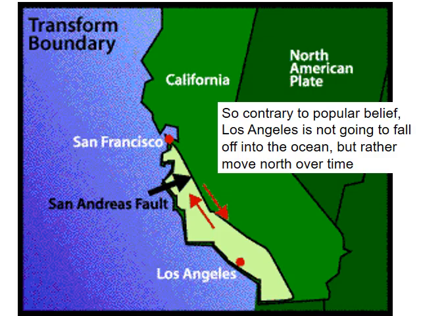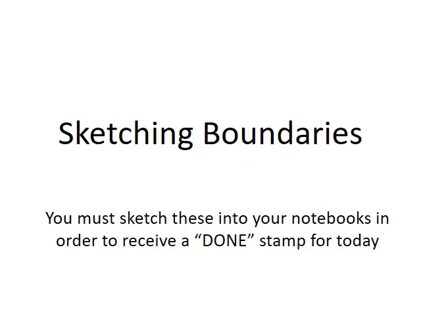With a divergent boundary, sure, maybe part of California would move out into the ocean, but that is not what is happening. Rather, this part of California is moving this way, and this part of California is moving that way. That's called a transform boundary.